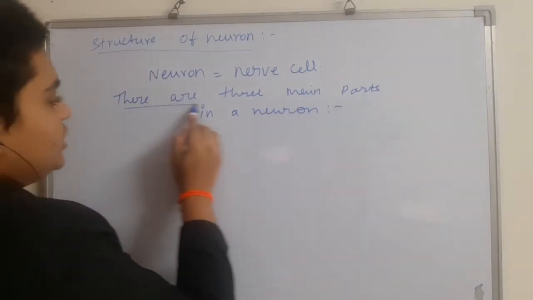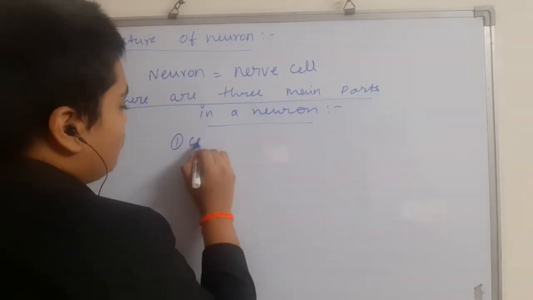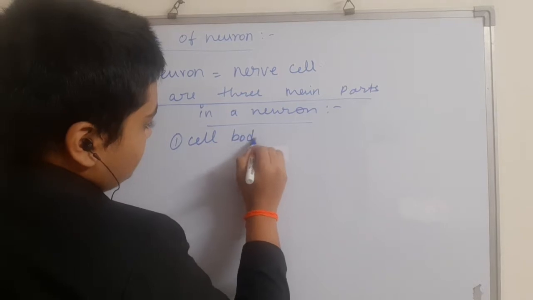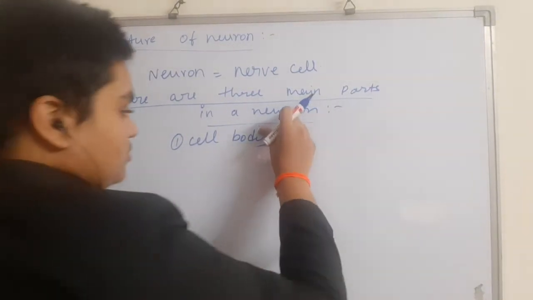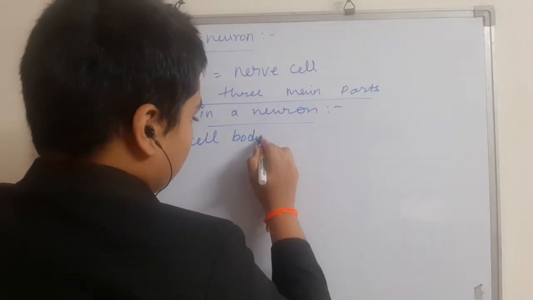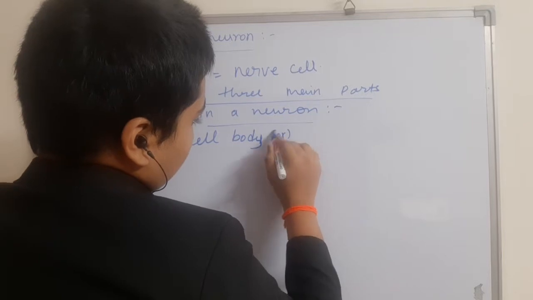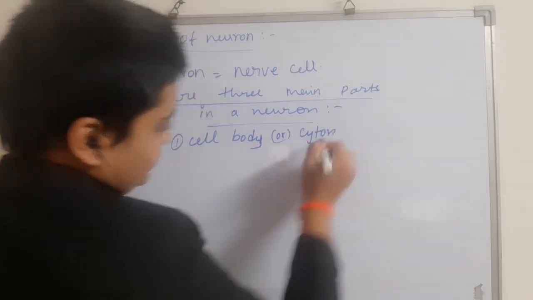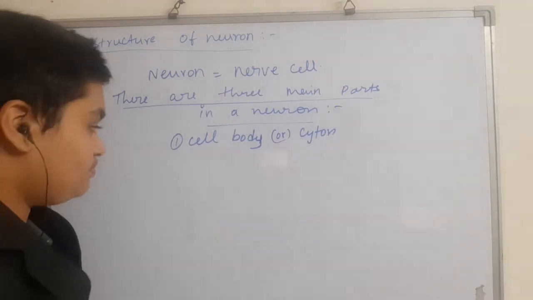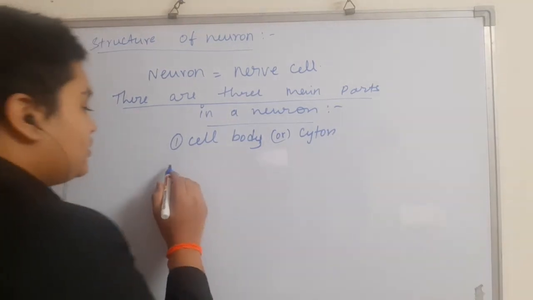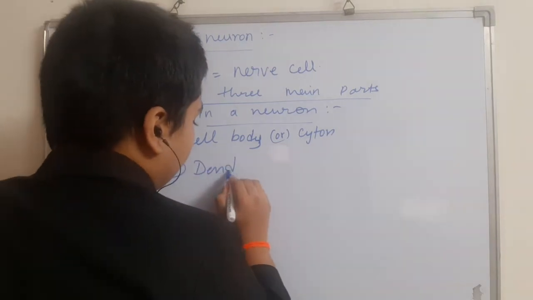What are these three main parts? The first part is your cell body. The main and the first part is your cell body, also called as cyton. Coming to the second part, we have dendrites.